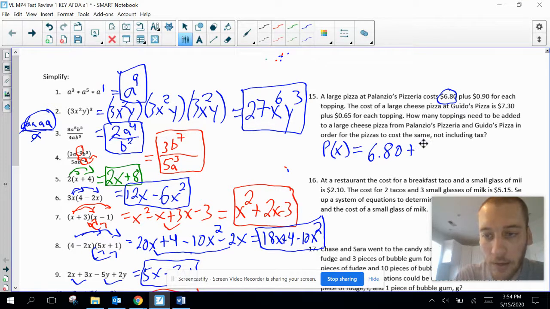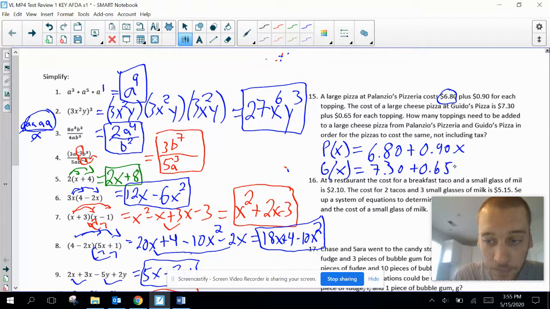We could use T, it doesn't matter. Plus 0.90 for each topping that you want. And if we're at Guido's, no matter what, it costs $7.30 plus 65 cents per topping. So we're just going to set it up just like this.